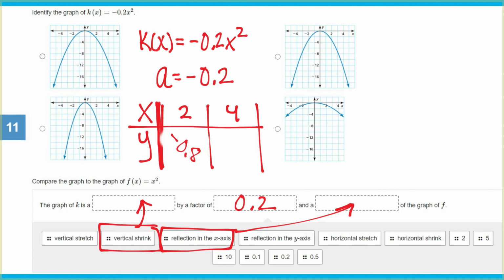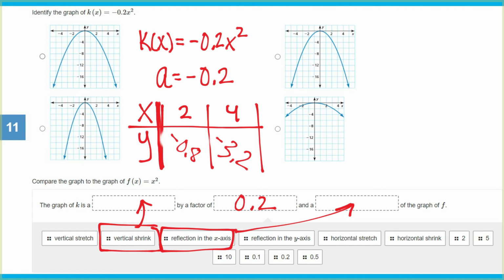And if I put 4 in for x, 4 to the second power is 16, and 16 times negative 0.2 is negative 3.2. So I want to find the graph where the parabola goes through 2 comma negative 0.8 and 4 comma negative 3.2.